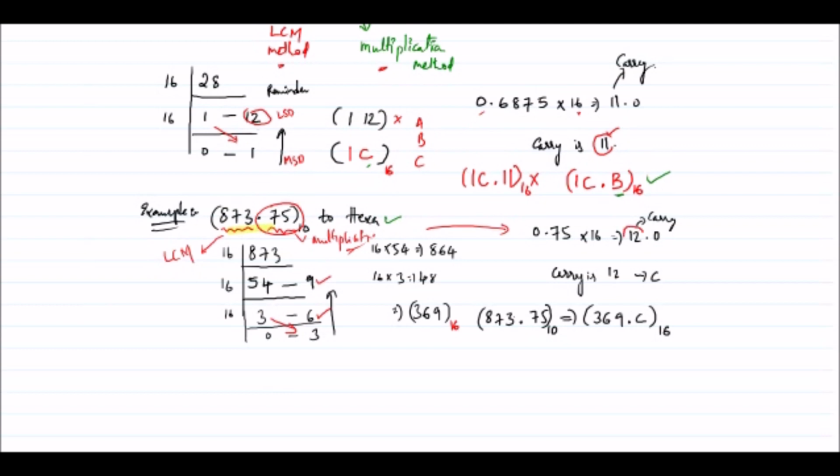This 12's hexadecimal equivalent value is C. So the decimal number 873.75 converted into a hexadecimal number is 369.C base 16.